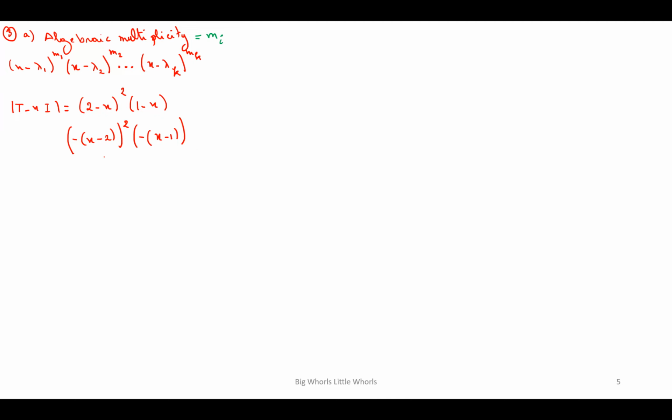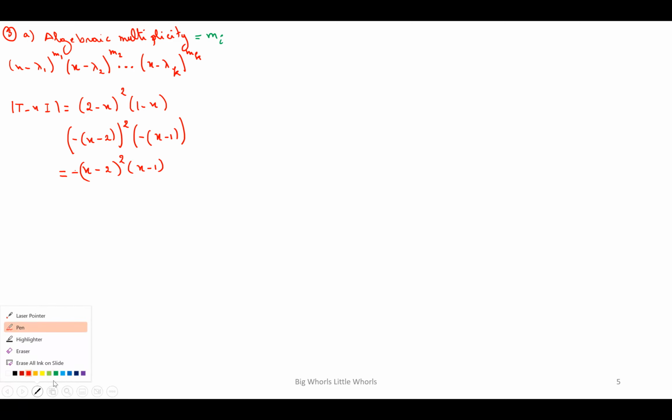So I took out the minuses so that I can have them in the form x minus lambda. So this equals (x minus 2) squared multiplied by (x minus 1), but I will bring that minus in front. As you can see, the polynomial is written in the form x minus lambda.